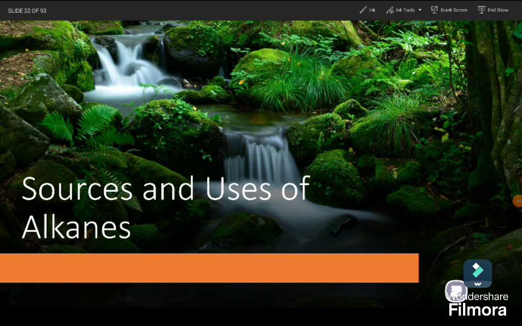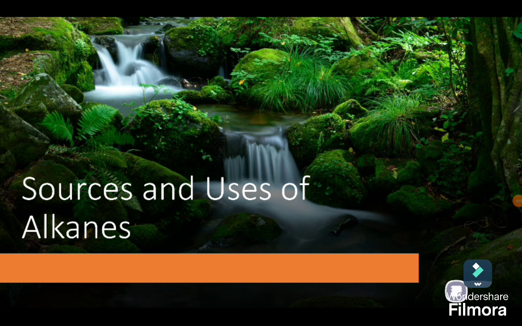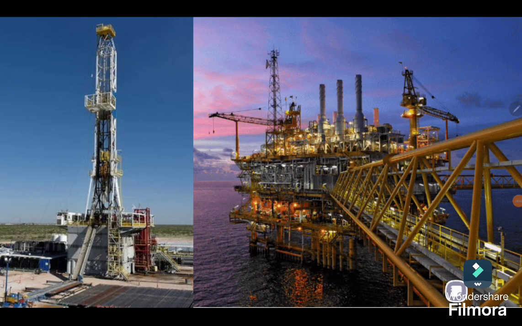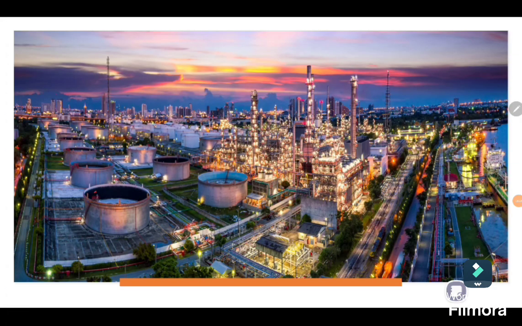You'll notice that the next part of the text describes the sources and uses of our common alkanes. I am going to hold that discussion, since this is a video, for lab next week, in which we are going to have a whole discussion about the fuel usage for our simple alkanes, and how distilleries work to fractionate the different compounds that we find in these hydrocarbons that we dig out of the ground.